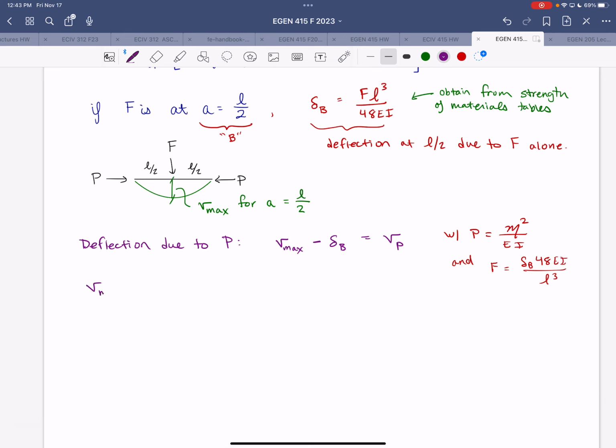All right, so we'll have maximum deflection at L over 2. Set that equal to the deflection in region 1 solved for using x equals L over 2. And that's going to be 48, making the substitution noted above, 48 times lowercase delta b over ml quantity cubed.